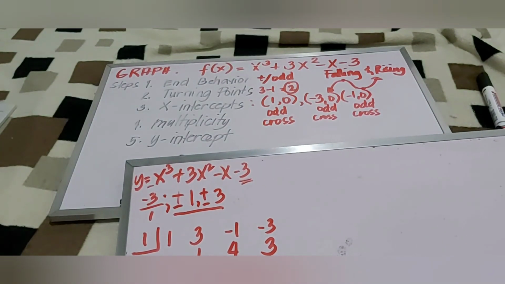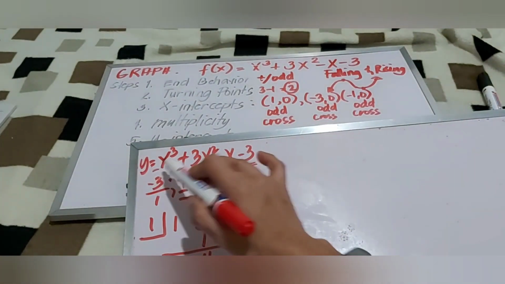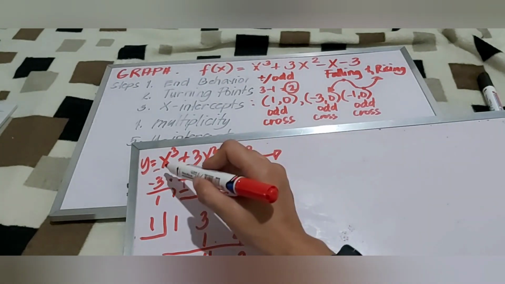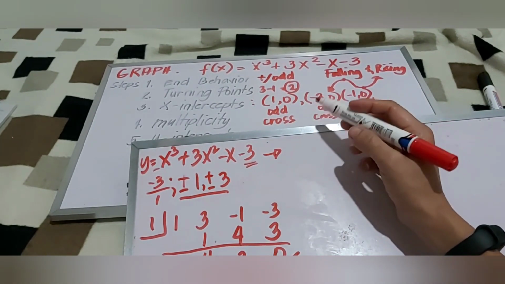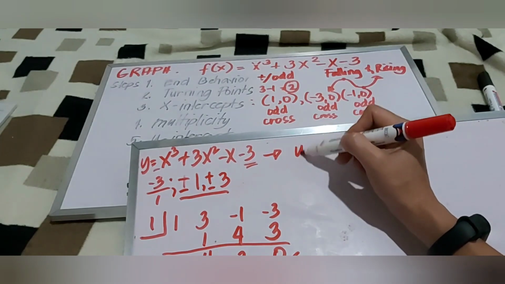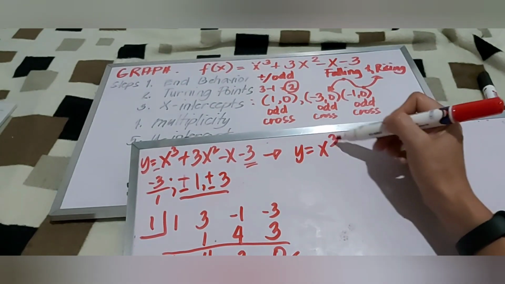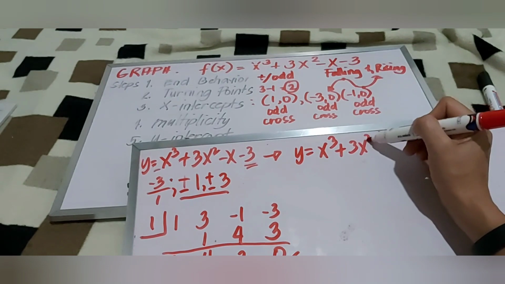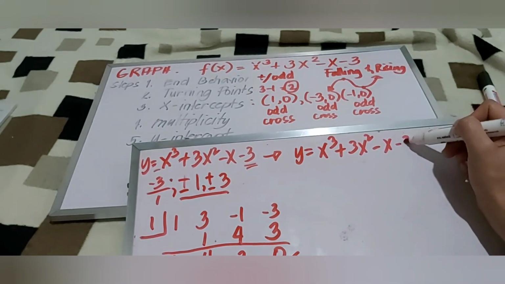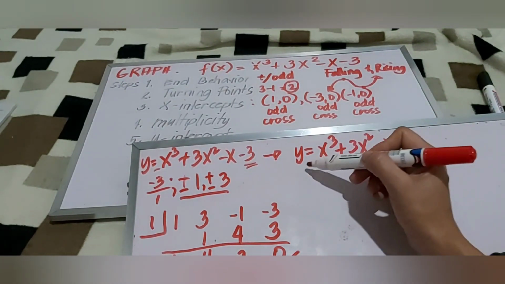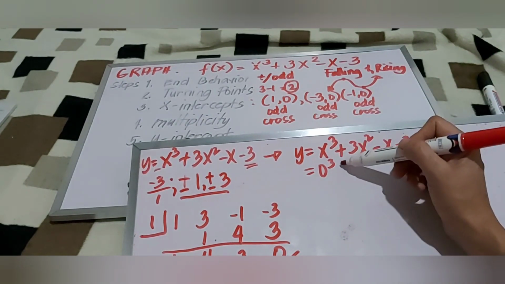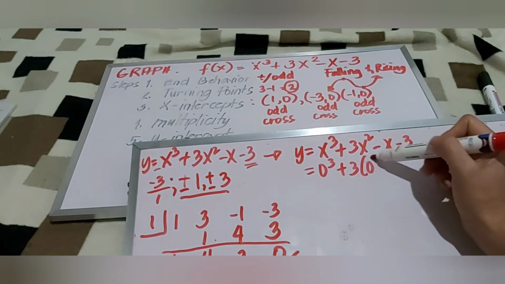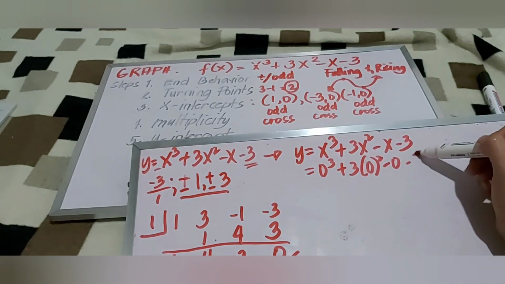Okay? Now, for y-intercept, babalikan natin tong equation natin. x cubed plus 3x squared minus x minus 3. So, papalitan natin lahat. Papalitan ko lahat ng x ng 0 para mahanap ko ang y-intercept. Ayan.